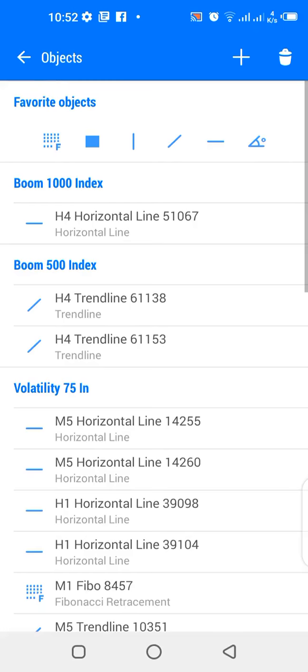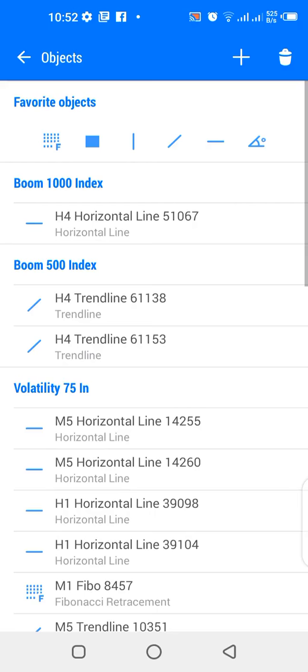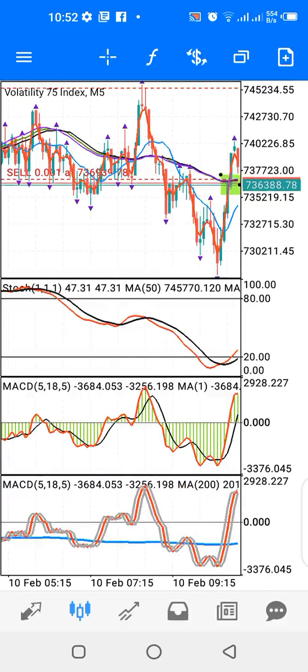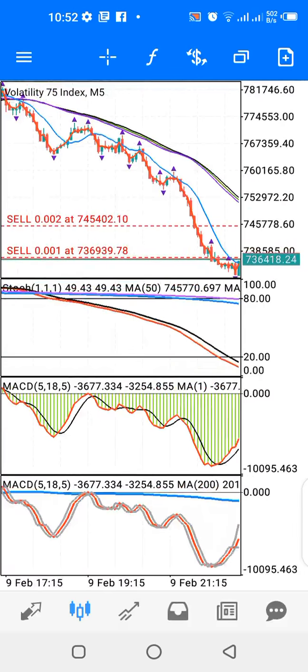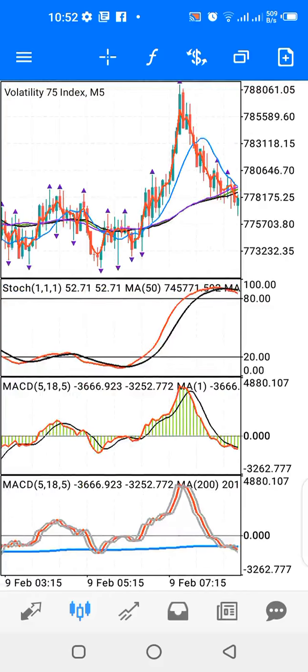Like you have around here, we have a cross down, sell. You have a cross up, buy. Okay, so basically that's the way it works. Cross down, sell, cross up, buy.